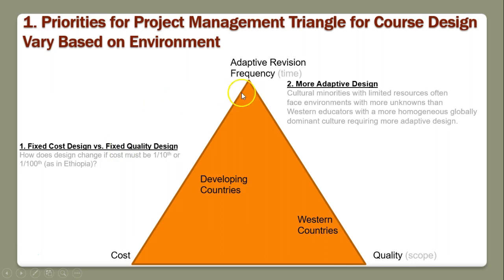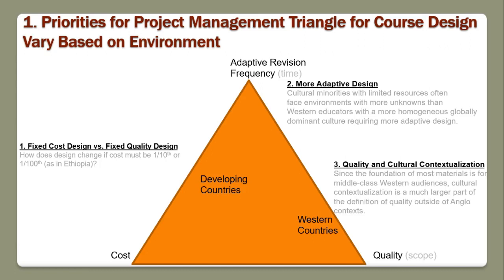Now, the other thing is on speed, I think there's an adaptation frequency and a more adaptive design. So cultural minorities with limited resources often face environments with more unknowns than Western educators. So part of what I'm going to get at is you're going to have to adapt more as you're working in a cross-cultural setting. You can't just always follow the best practice.